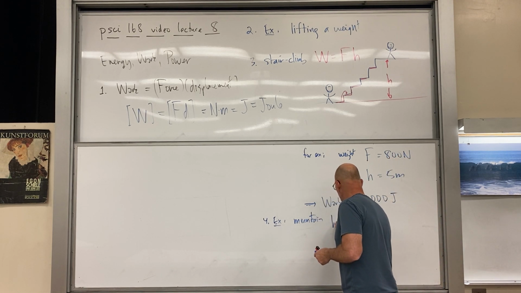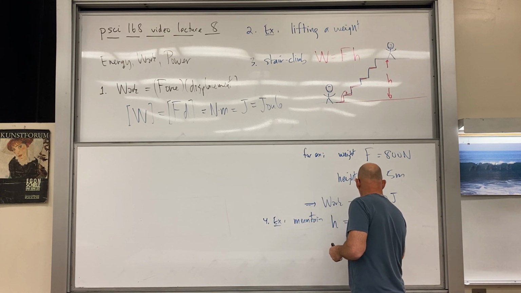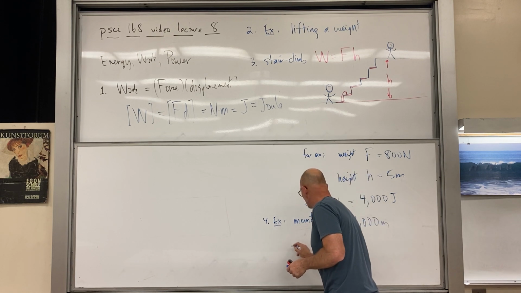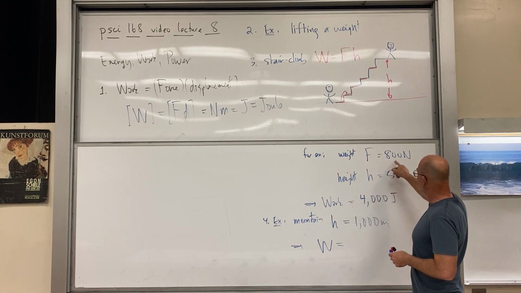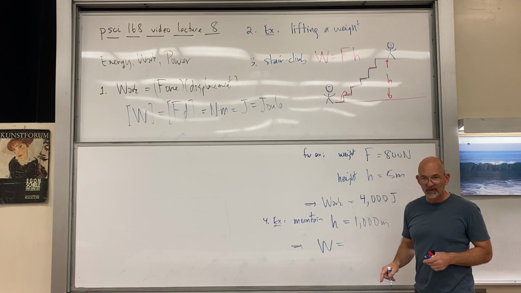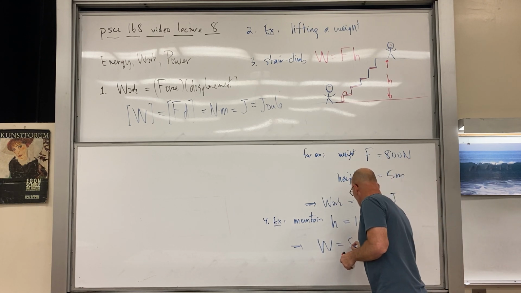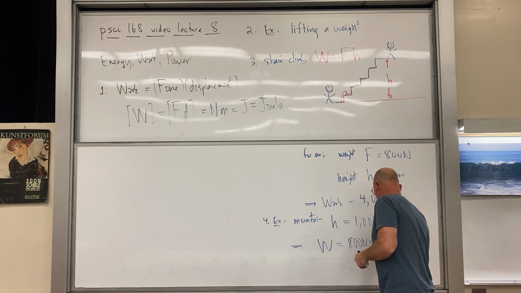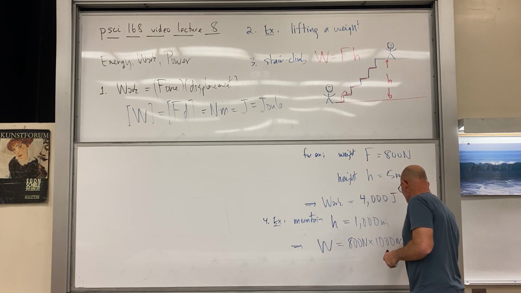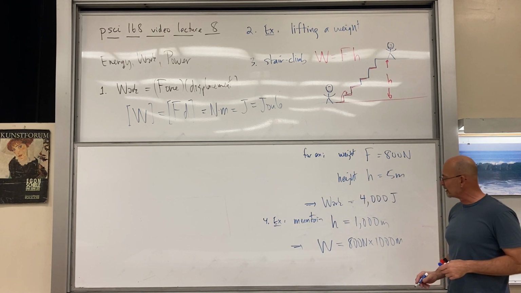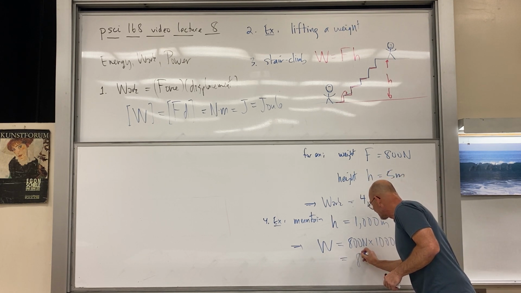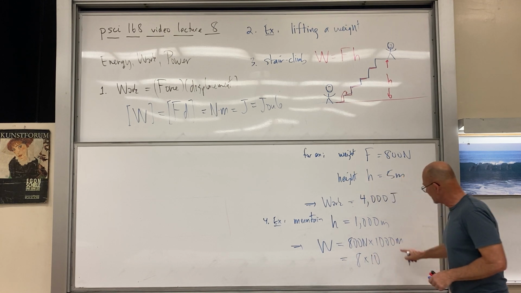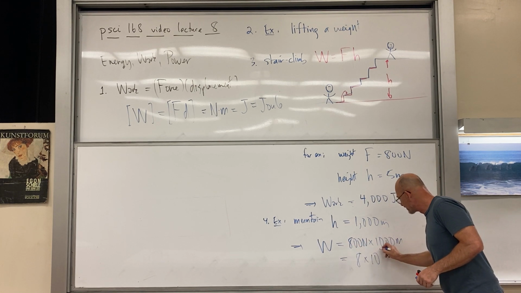So h could equal 1,000 meters, and then the work would be the same 800 newtons times 1,000 meters. You see the numbers are already starting to get big, but we know how to deal with that. That's 800,000, or that's 8 times 10 to the 5 joules.